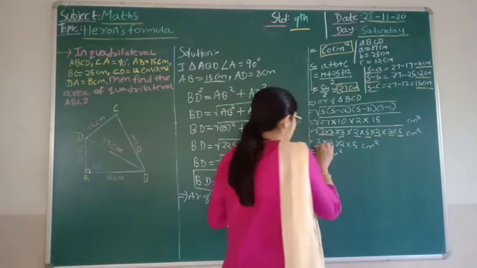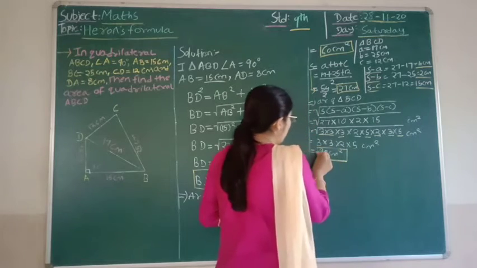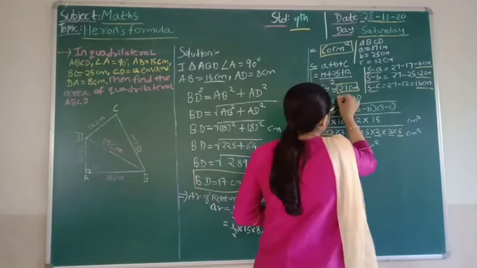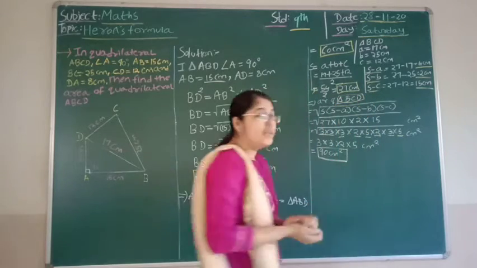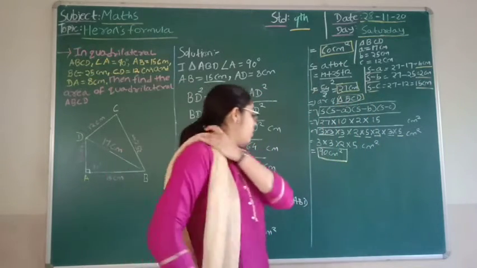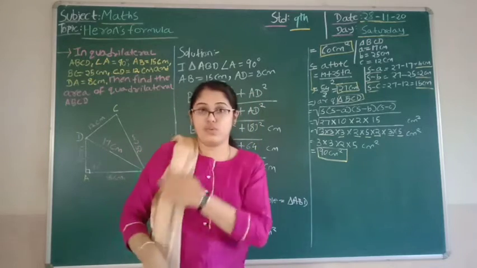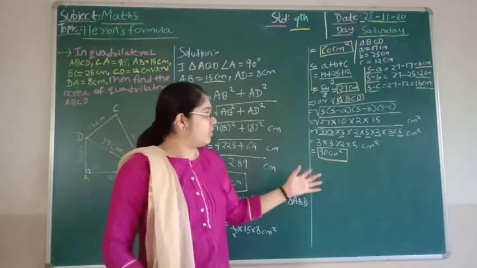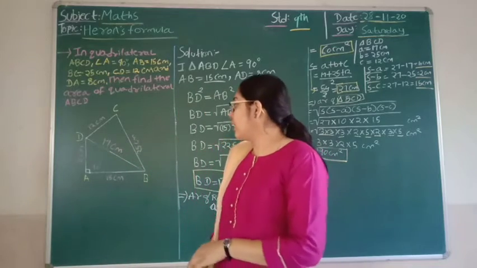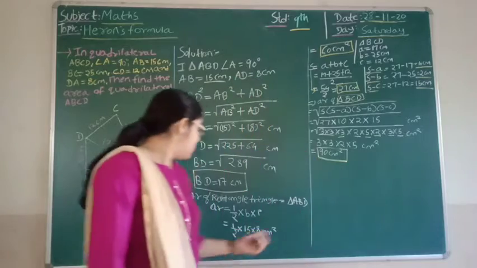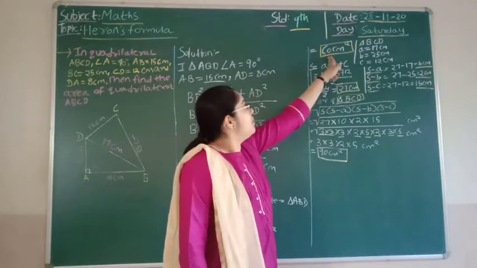So the final answer, that is area of the triangle BCD, will be equal to 90 centimeter square. Now, as we know, we are getting the area of two different triangles. One is the right triangle, which is equal to 60 centimeter square.